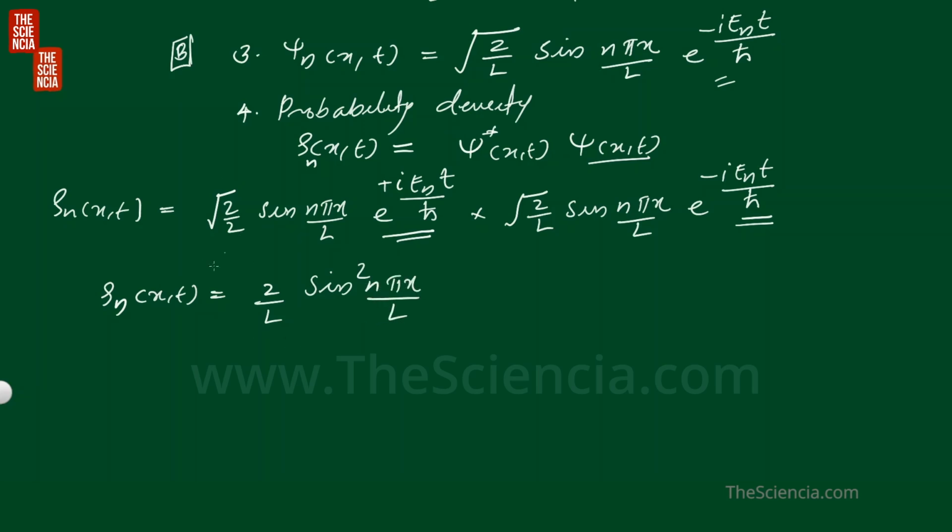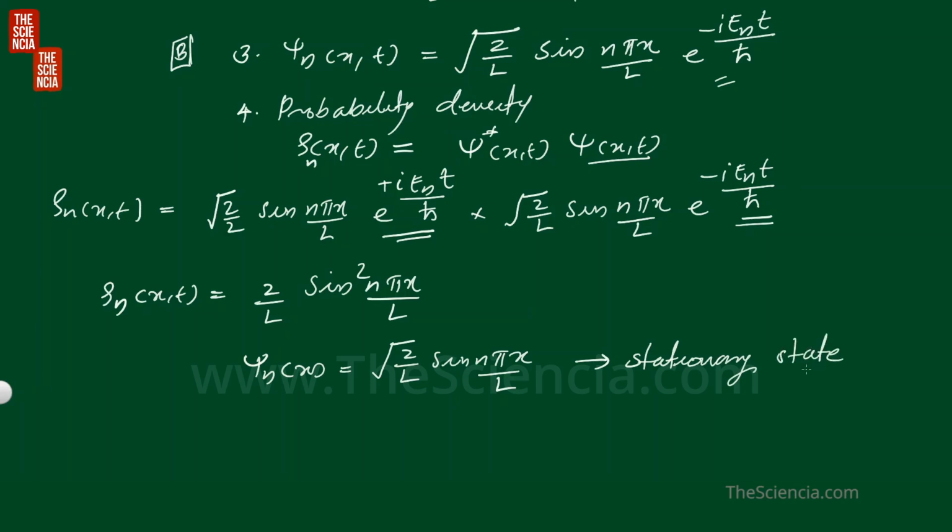So from the cases A and B, we can conclude that if the wave function is psi of x equal to root 2 by L sine n π x by L, see, there is no time term in this wave function. That is, this is a stationary state. And in the case A also, we got rho n of x0 the same.